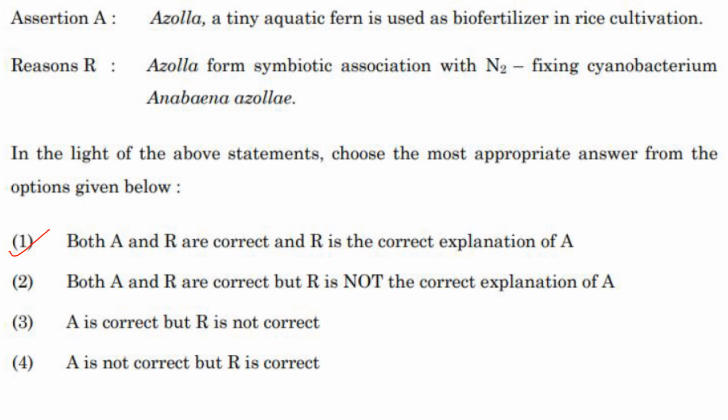So azolla forms symbiotic association with the nitrogen fixing cyanobacterium Anabaena azollae. That's also correct. That is why it is used as a biofertilizer in paddy field. So both A and R are correct, and R is the correct explanation of A. Answer is option 1.